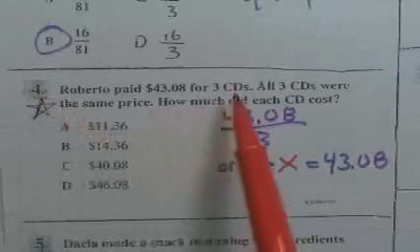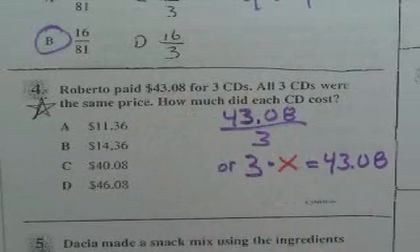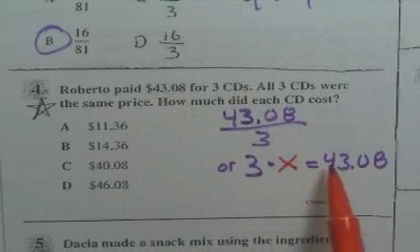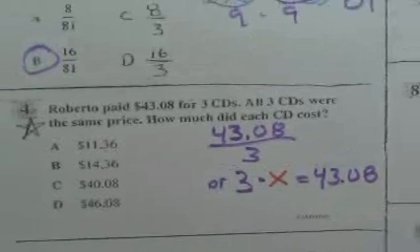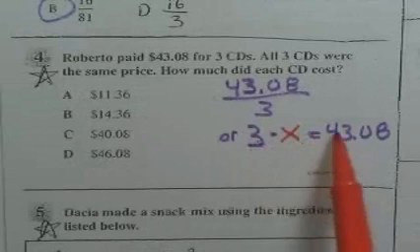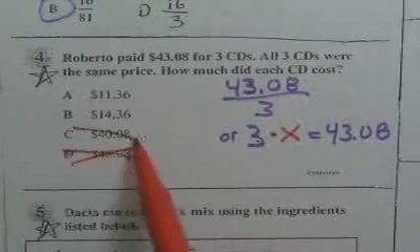On number 4, you have 3 CDs that total up to $43.08. So how much is each one? You could write it this way and divide, or you could say 3 times something is 43.08. Okay, using process of elimination, 3 times something is 43. It can't be 46, and it can't be 40.